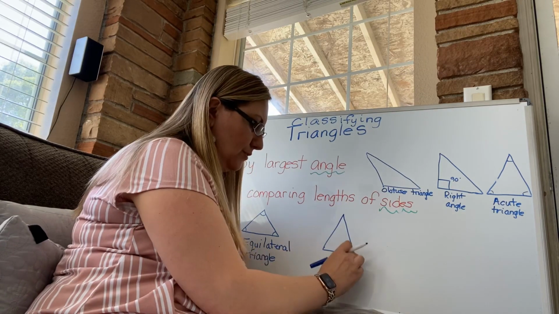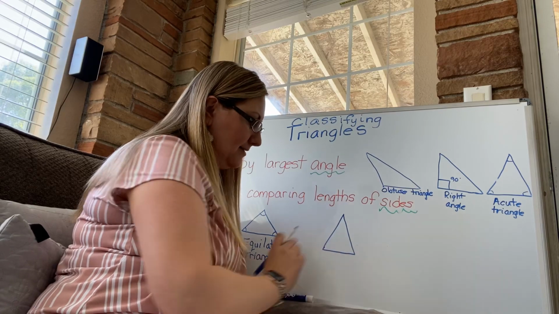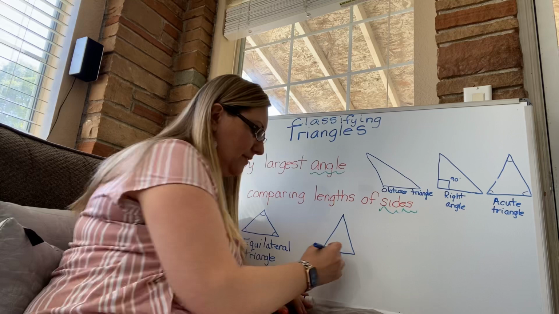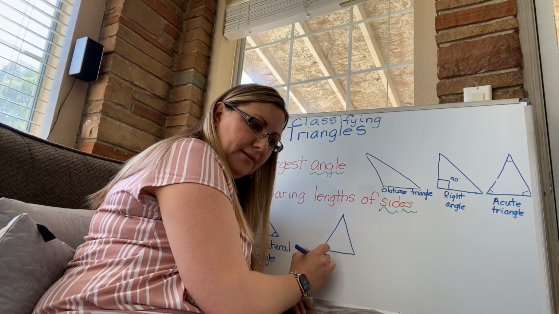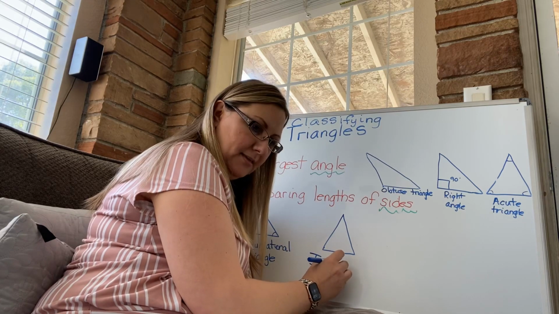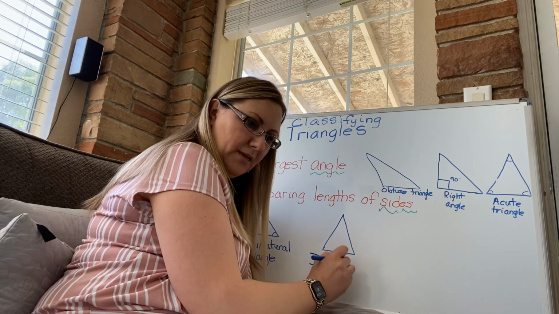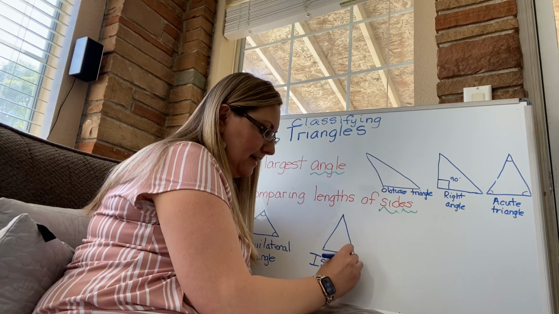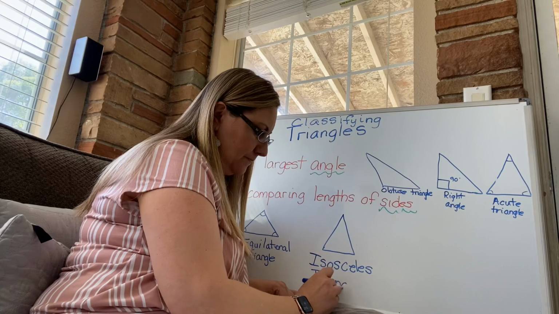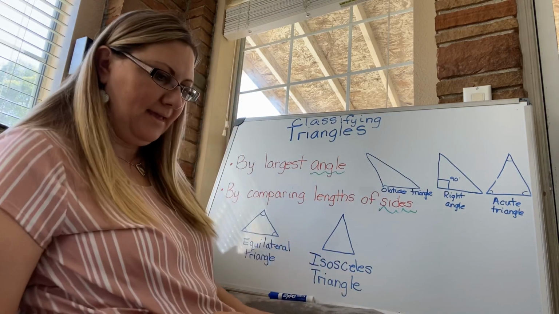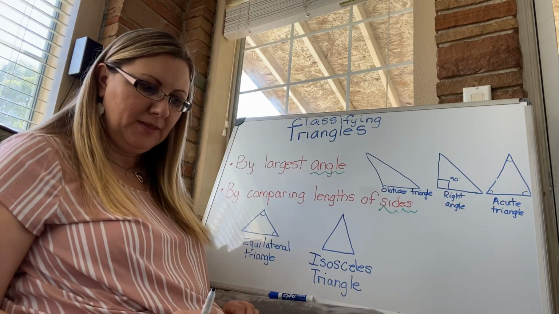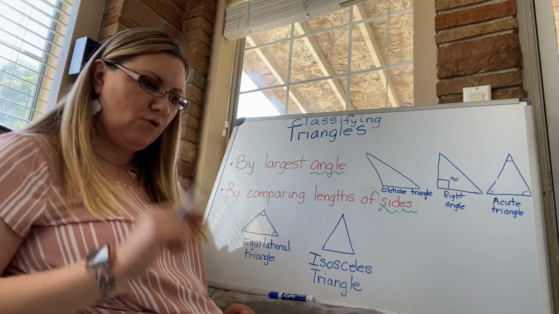Remember we're comparing them by the lengths of sides, so now two of these sides are exactly the same, and we call this isosceles triangle.